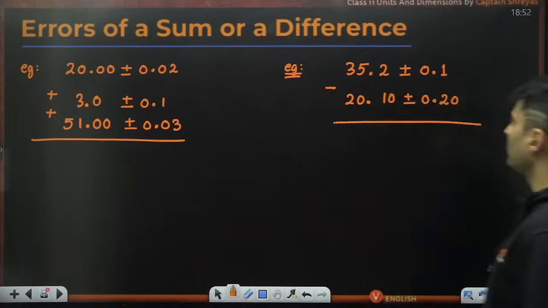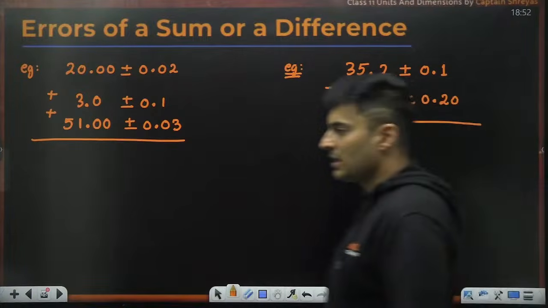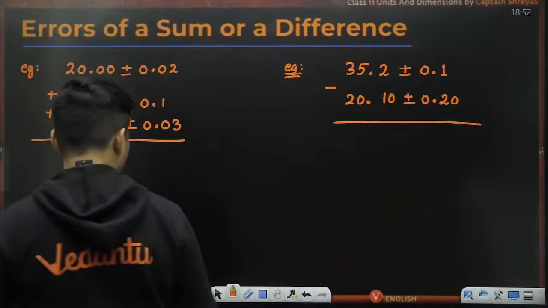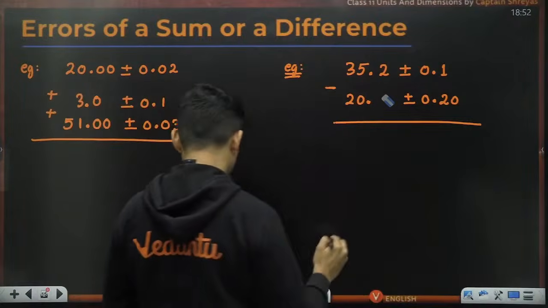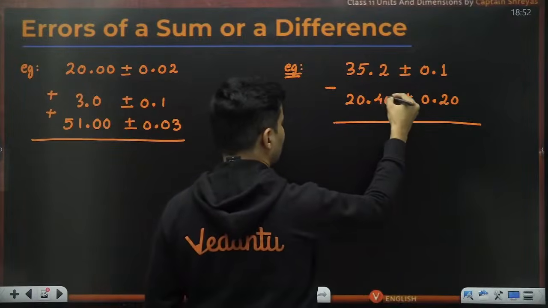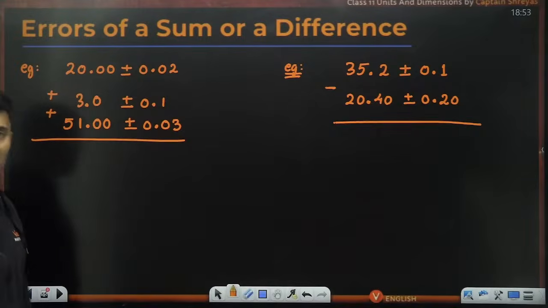What will your answer be? Okay, let's see if you can give the correct answer for this. Maybe I'll put 40 over here. Okay. Now think and tell me what will be the final answer.